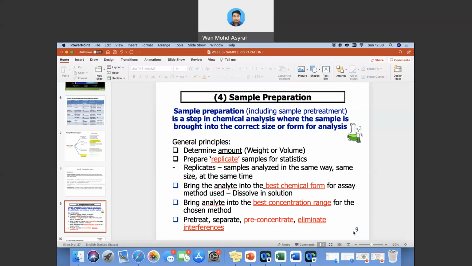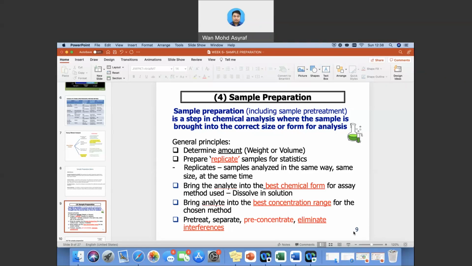And then the fourth one is we need to bring the analyte, in this case arsenic, into the best concentration range for the chosen method. This also depends on the instrument that you choose. If you have your analyte at the ppb level, part per billion, you cannot use flame AAS, because flame works only up until part per million. You need to use ICP-MS.